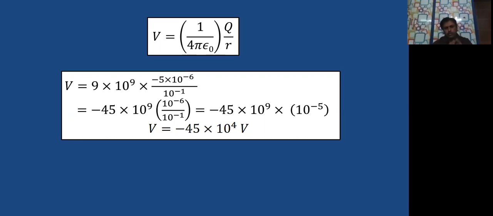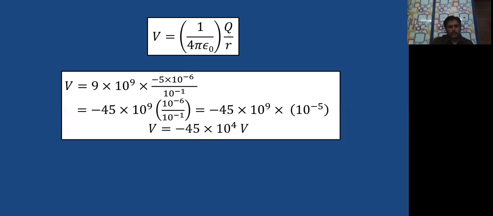If it is a negative charge, you will get negative potential. Very important, children, because many of our children are attempting entrance examinations. They should remember this point. You are going to get a number of questions in your entrance examinations where calculation of potential is required. There it is very useful to you.